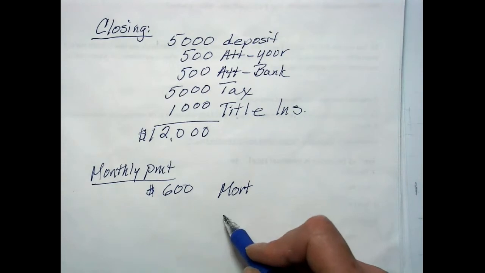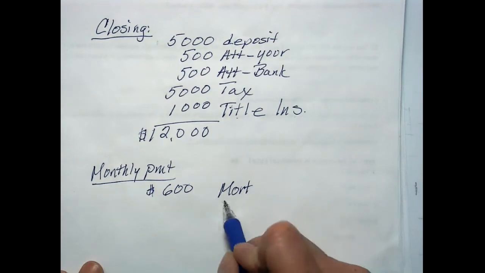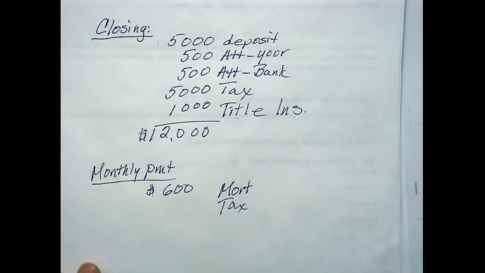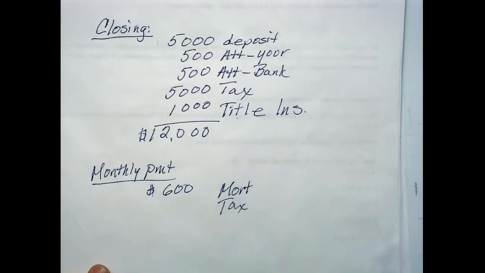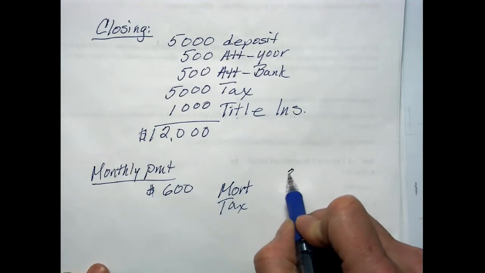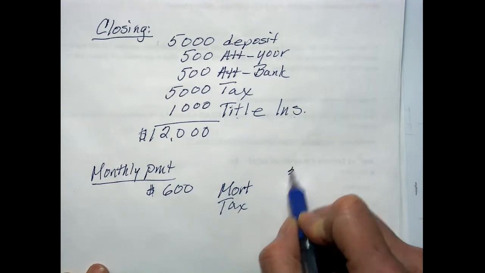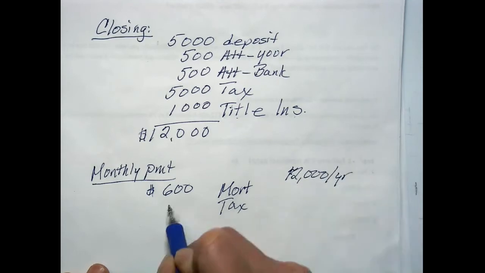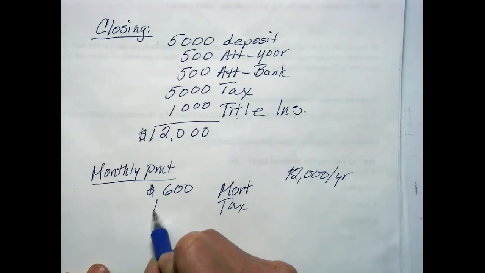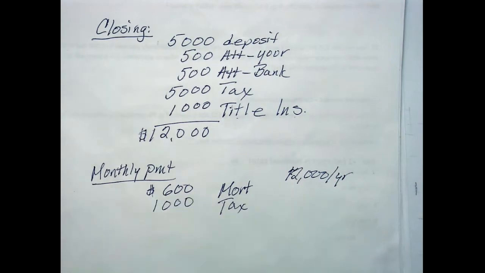The bank does not trust you to pay your taxes. So they are going to accumulate taxes, and let's say your taxes, let's do easy numbers, $12,000 per year. So every month they want to accumulate $1,000 to pay your taxes.